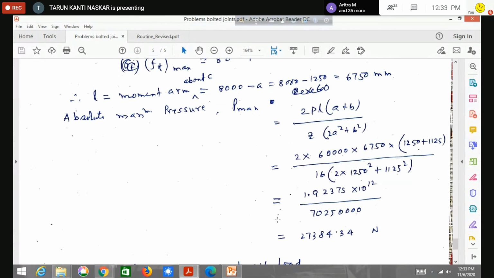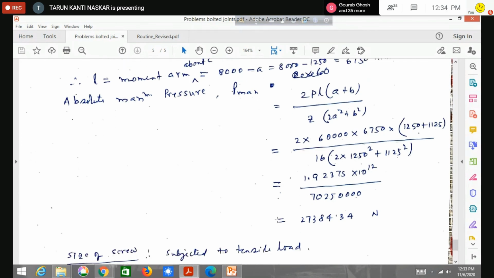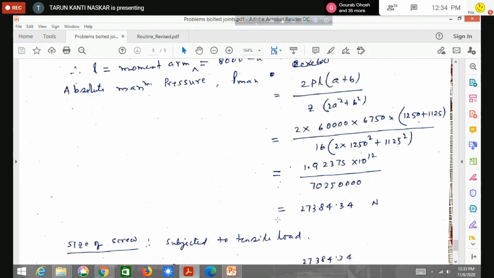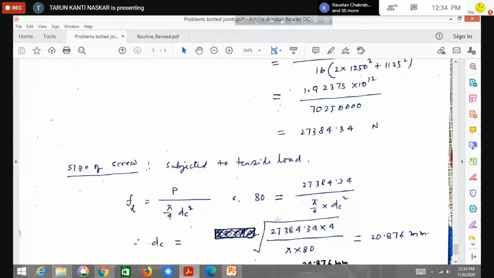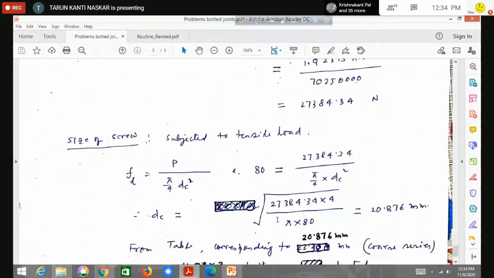There was a 4, and while we were analyzing, that 4 was generalized in terms of Z. So 2PL into (A plus B) divided by Z into 2A square plus B square. So value of Z is 16, and ultimately Pmax is 27384.34 Newton.